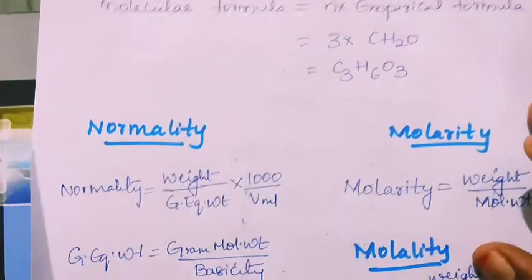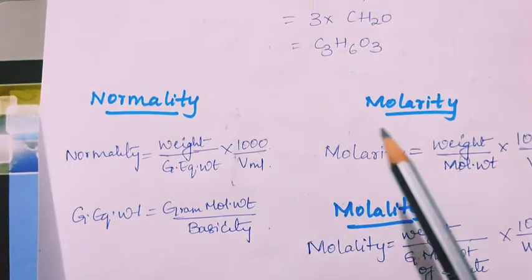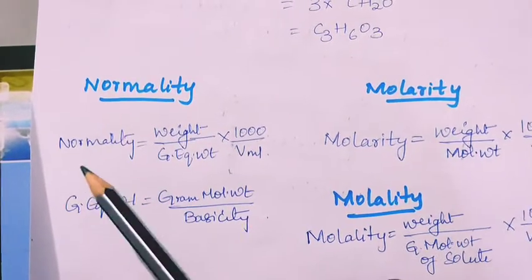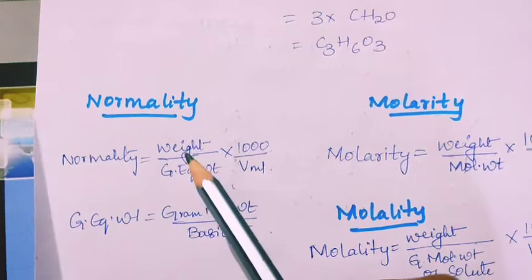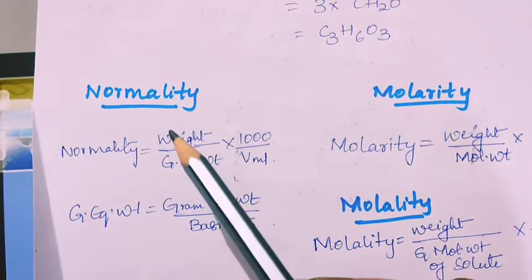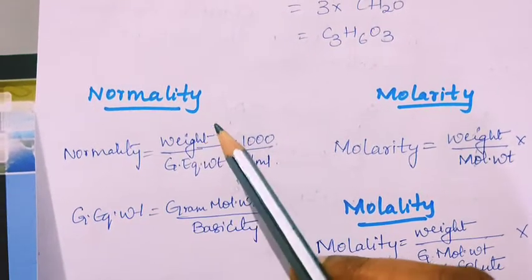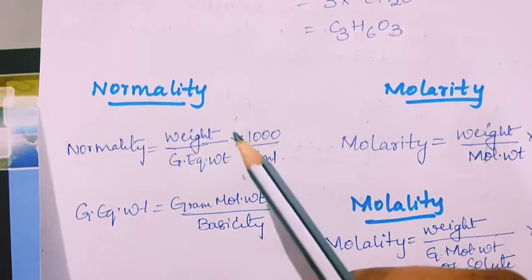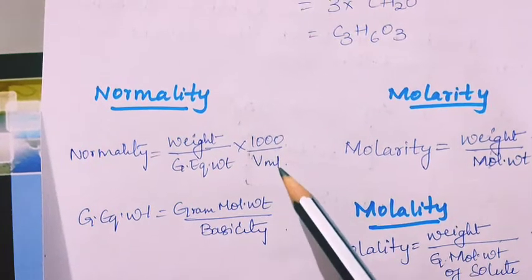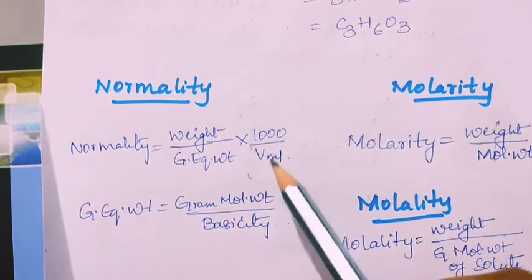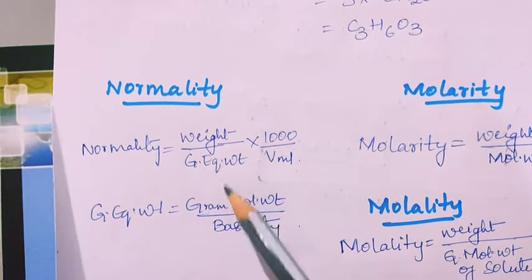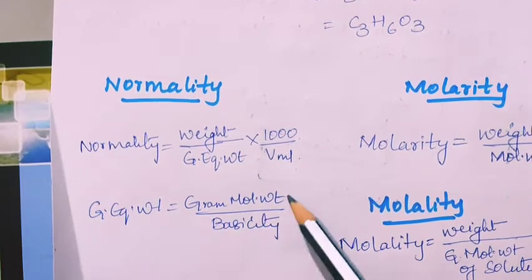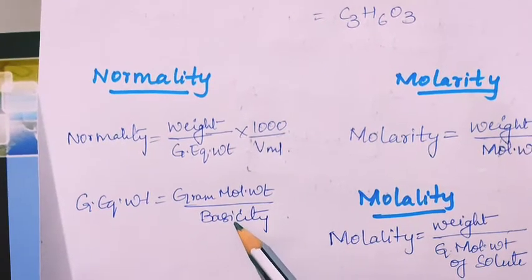Next we will see how to calculate normality, molarity and molality. Normality is given by this formula: weight of the solute by gram equivalent weight into 1000 by volume in ml. Gram equivalent weight is nothing but gram molecular weight by basicity.